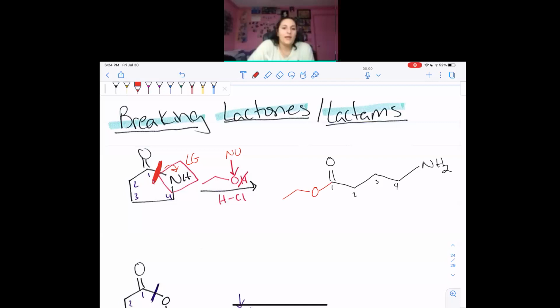So the leaving group leaves this, right? It has to leave somewhere, but it can't completely leave the chain because it's still attached at carbon 4. So a lot of students will get confused about that. So the leaving group leaves the carbonyl, but it can't just leave this molecule completely because it's attached to carbon 4.